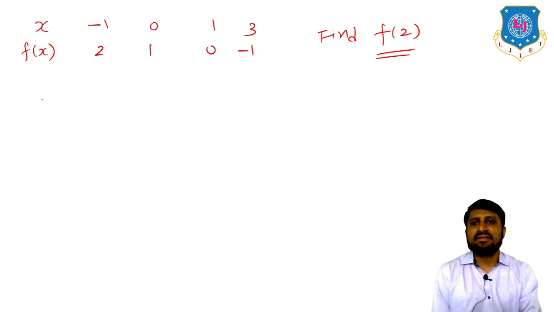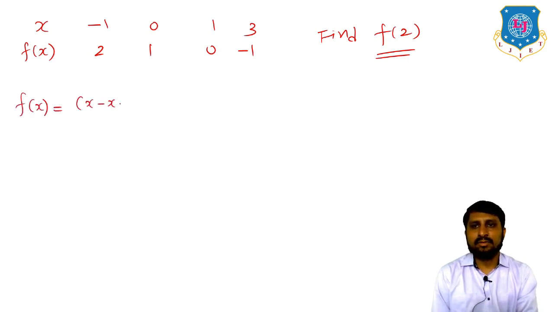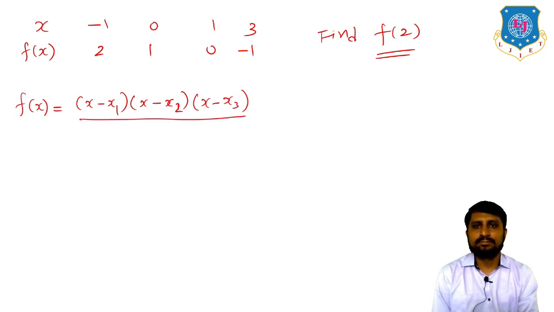Now first write the formula. This is x0, x1, x2, x3. Up to x3 you have values. So f of x, okay. The formula using Lagrange interpolation, that is f of x is equal to x minus x1, x minus x2, x minus x3 upon, now instead of x you have to take x0.